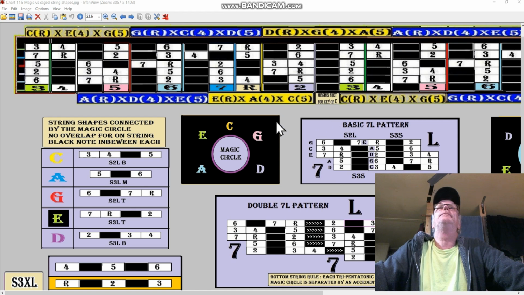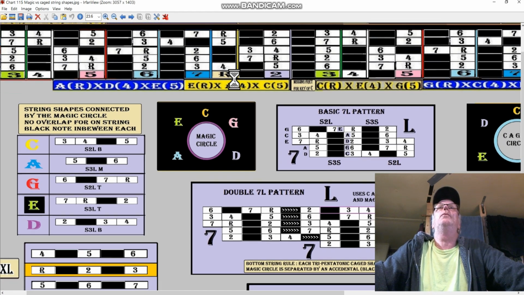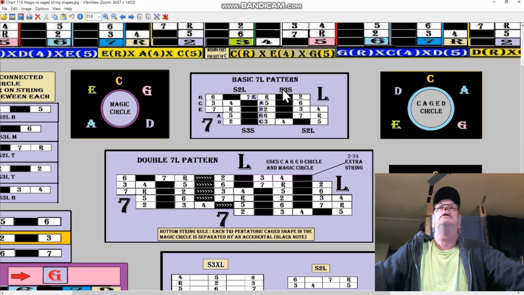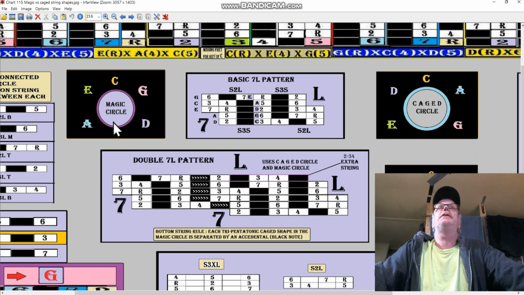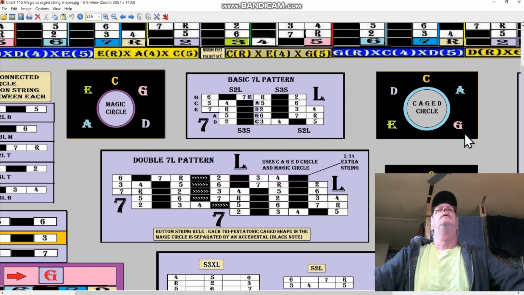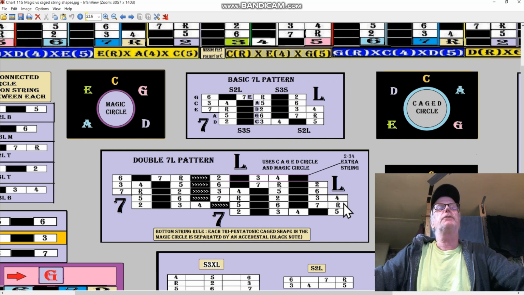The thing to remember here, you're going to see a lot of this stuff in the next 3 charts, so we're not talking about that right yet. The 7L patterns are in here. Remember, these are new charts compared to the last lesson that we did. They are in here because they give us the caged transitions. So we are going to talk about it a little bit.